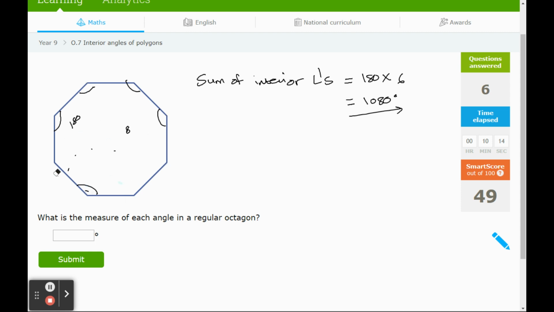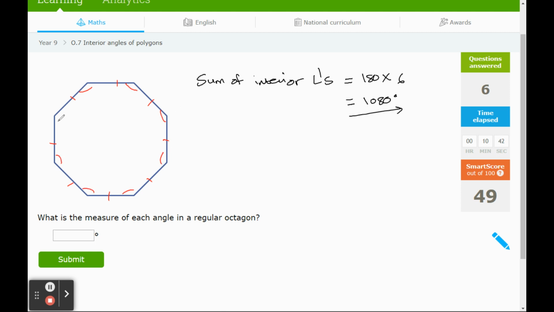But remember, they also told us that it's regular. And regular means that every single side is equal. So this side is equal to this side, and so on around the octagon. So having equal sides, the angles are also going to be equal.